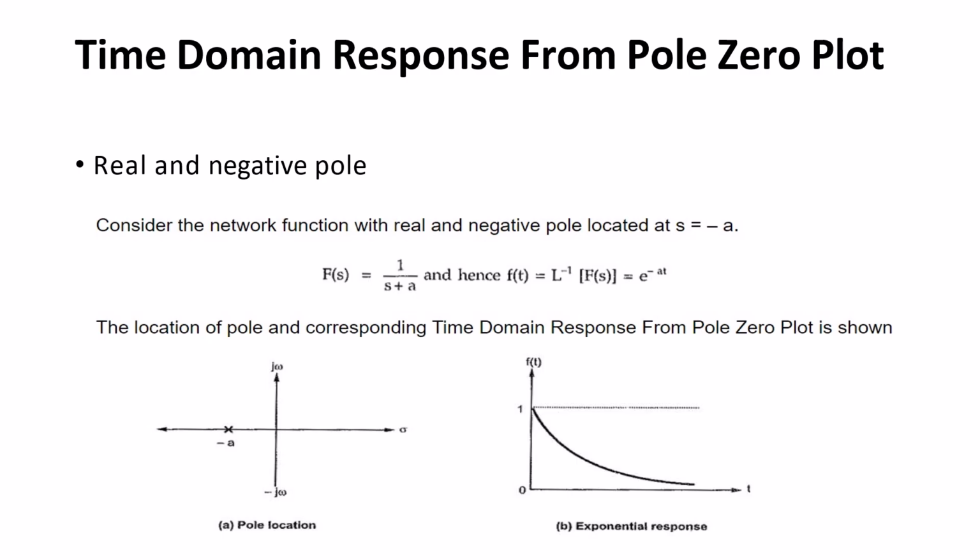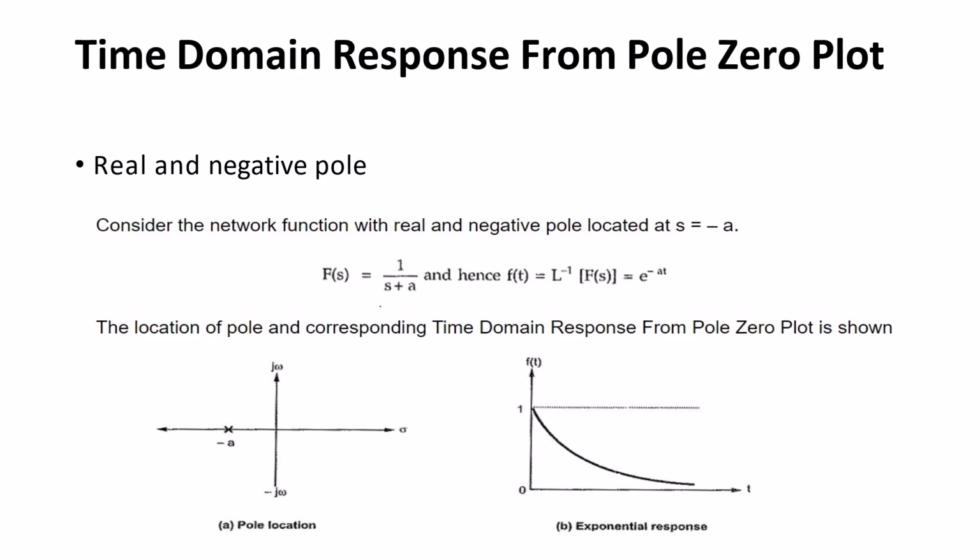Suppose this is the first time domain response from pole zero plot which we'll be discussing. Let us consider we have a real and negative pole, which could be like -2, -3, -4, any real negative pole. If we consider a, then the transfer function will be 1 by s plus a.